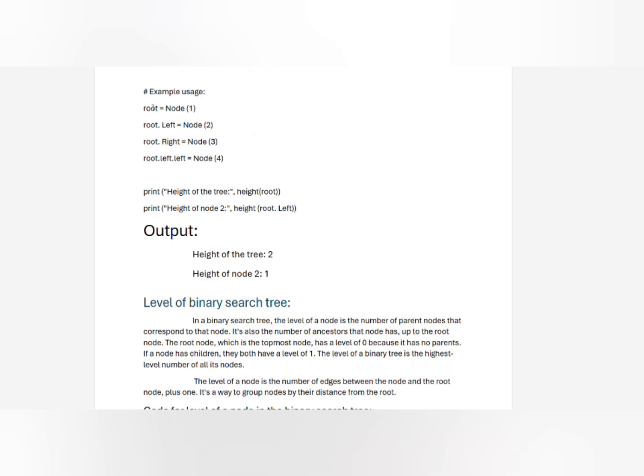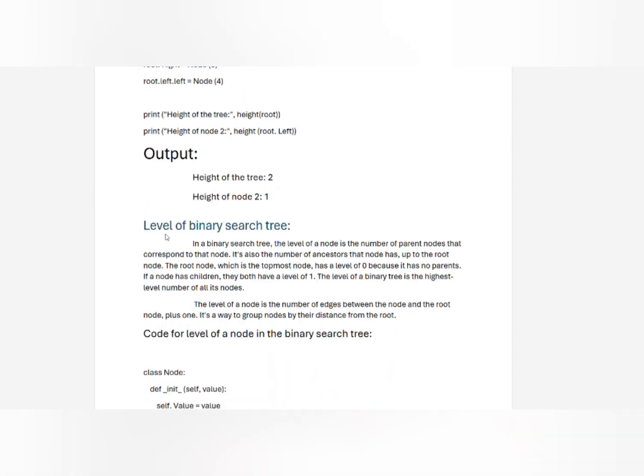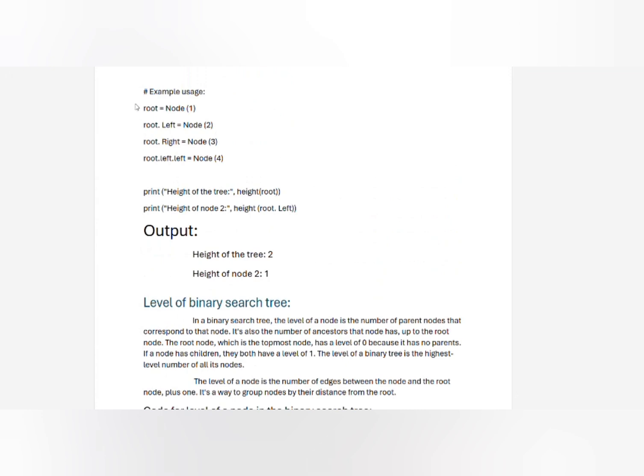For example, let's take the first tree data structure we saw here. We initialize the root node as 1, root.left is 2, root.right is 3, and root.left.left is 4.